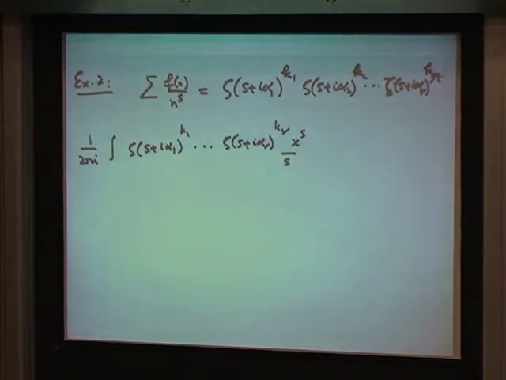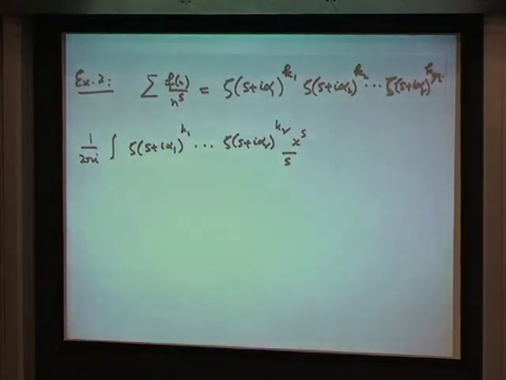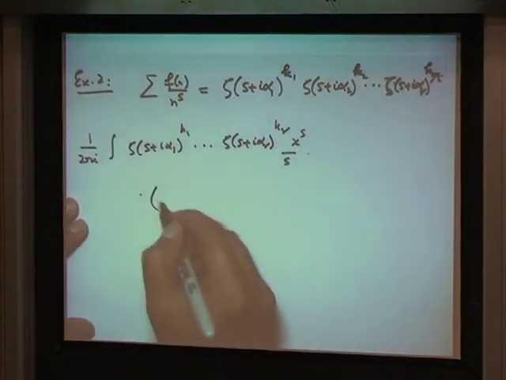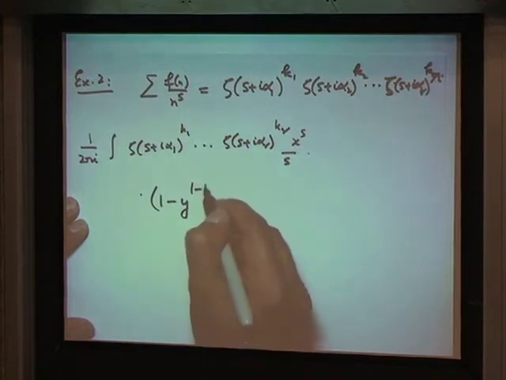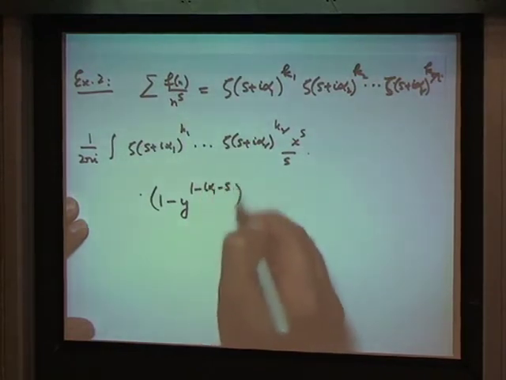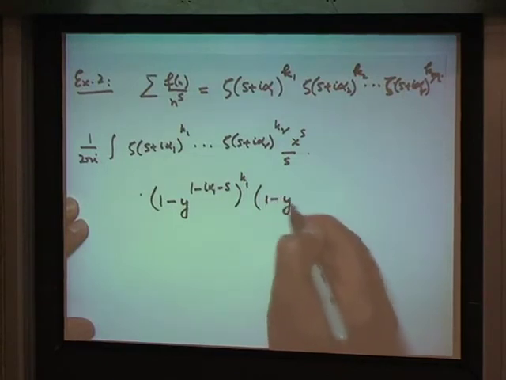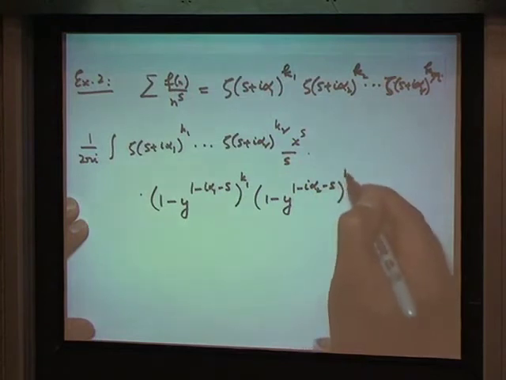And again, what I would like to do is to find something which is going to kill all the poles at 1 minus i alpha 1, 1 minus i alpha 2, etc. So I kind of generalize what I did before. I will multiply it by 1 minus y to the 1 minus i alpha 1 minus s, to the k1, 1 minus y to the 1 minus i alpha 2 minus s, to the k2, and so on.